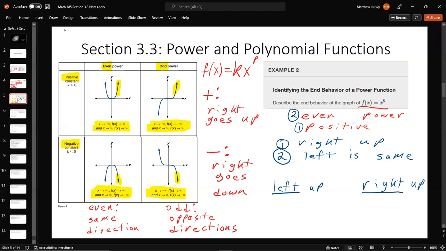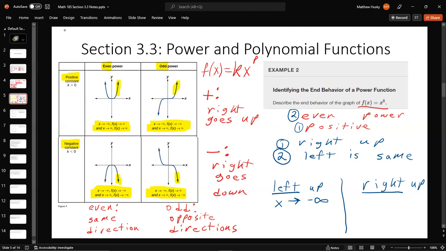So the way you say in math speak, the left side is you would say, okay, x is going to negative infinity. Because fun fact, the left side of the graph is where all the negative x values live, yes? And if you went that direction forever, that would be where negative infinity lives.